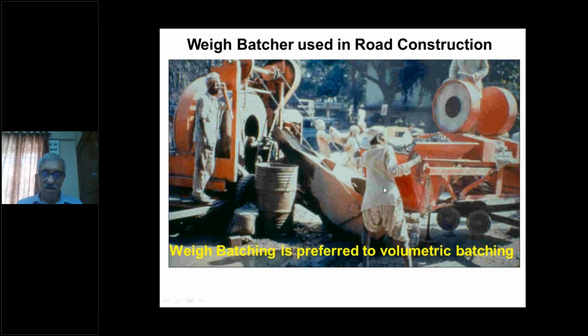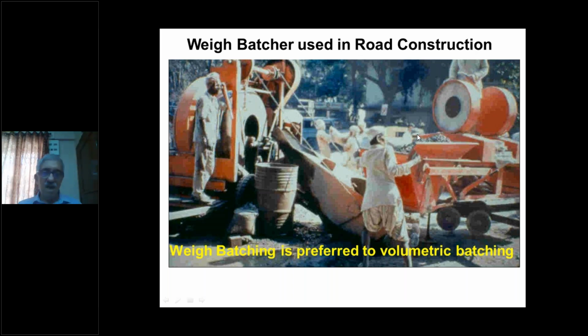The man you see here who judges whether the batching is done correctly or not is not an engineer, he's a worker or maybe at the most a mukadam, and he sees whether correct weights of aggregates are put in, correct weight of cement is put into the hopper, etc., and then turns it.